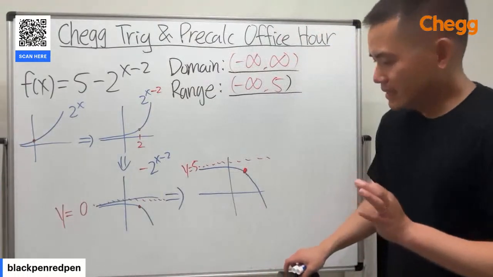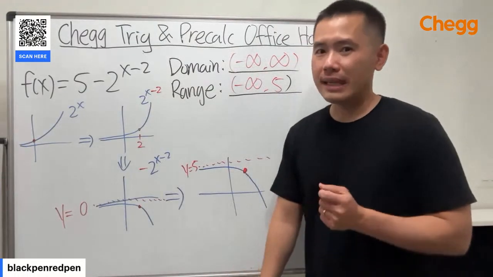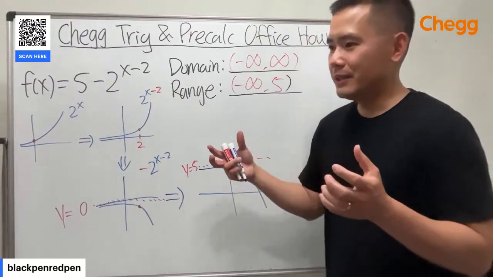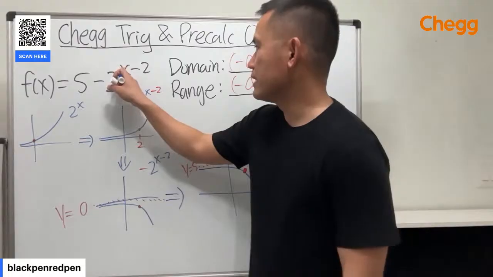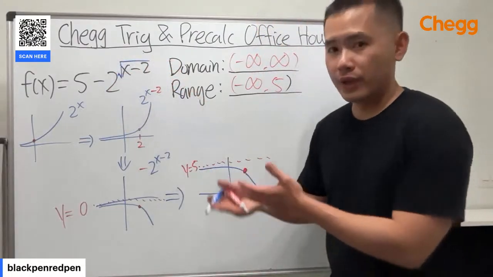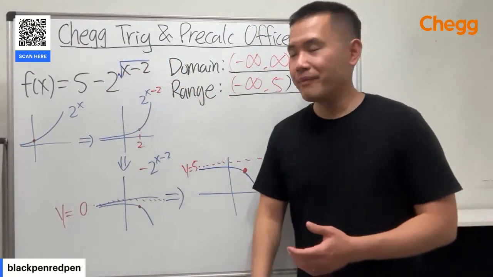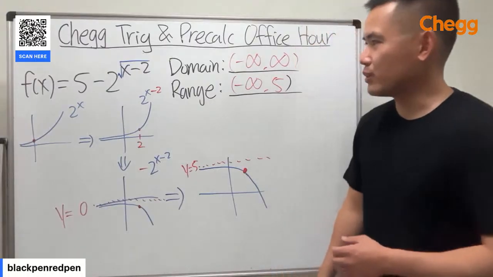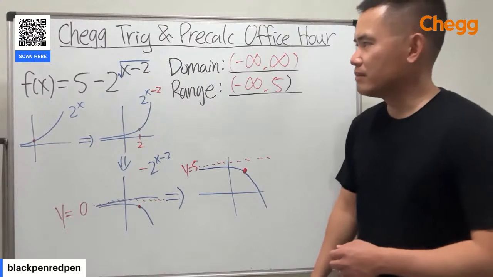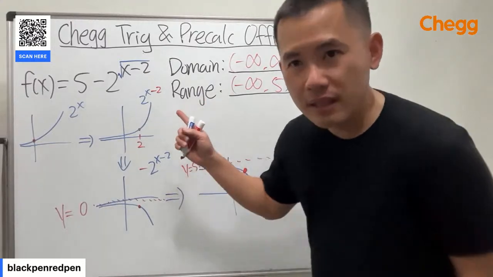Now, this kind of thing will already be complicated if you impose other functions with it. For example, if you decided to take the square root of the function there, the domain and the range will change. So maybe you guys can remind me before we end the live stream today.